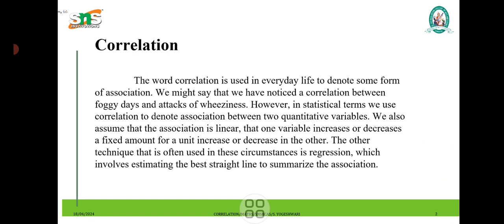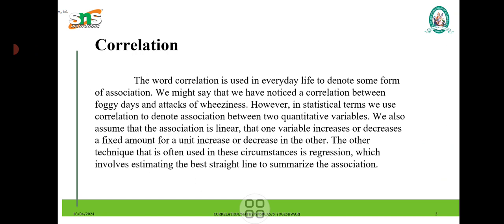However, in statistical terms, we use correlation to denote association between two quantitative variables. We also assume that the association is linear, that one variable increases or decreases a fixed amount for a unit increase or decrease in the other.